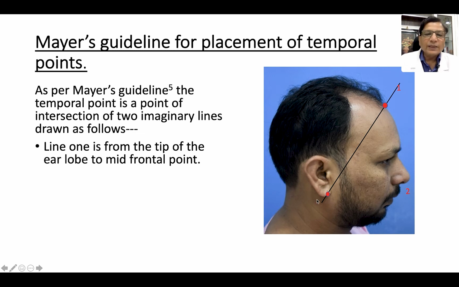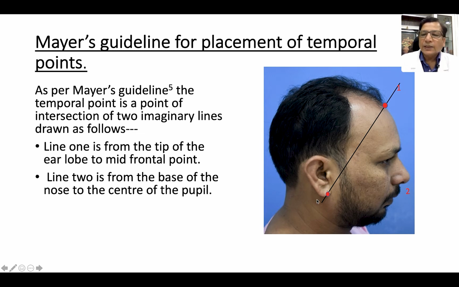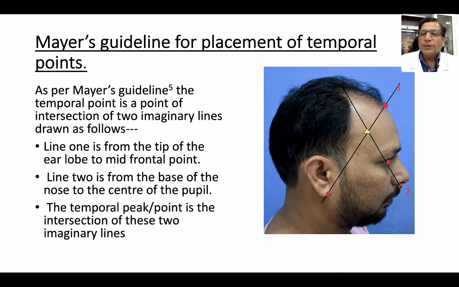The second line is a line connecting the base of the columella or columellolabial junction to the center point of the pupil. So this is the second line. And the point where these two lines intersect is the temporal peak point. So these are the two lines where they intersect over the forehead, the position of the temporal peak point.